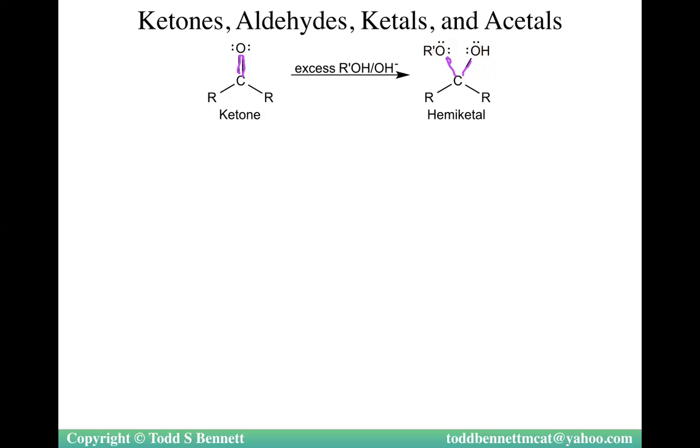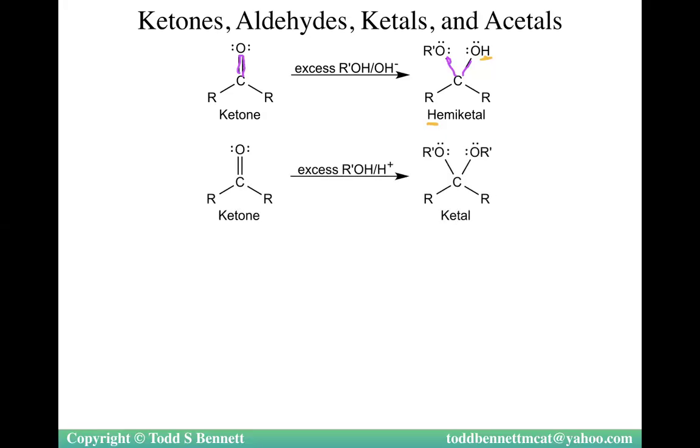Now, therein lies the difference between what will be called a hemiketal and a ketal. So just as there is an H in hemi, there is an H in the hemiketal. And so we'll talk about how you go a little bit further with that one. Well, we'll talk about it right now. If I do excess alcohol, but I now do it in the presence of an acid, the acid allows the ketone to react one step further.